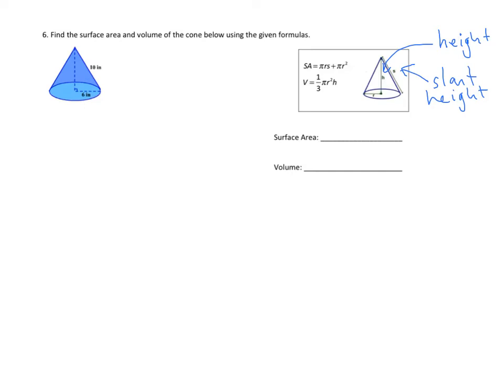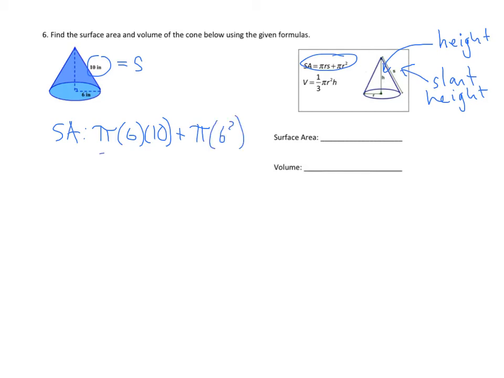So to find the surface area, we're just going to follow this formula, pi rs plus pi r squared. So for surface area, we need the slant height. And in this cone, we are given the slant height, that's 10. So we do pi times 6, the radius, times the slant height, which is 10, plus pi r squared, so pi times 6 squared.